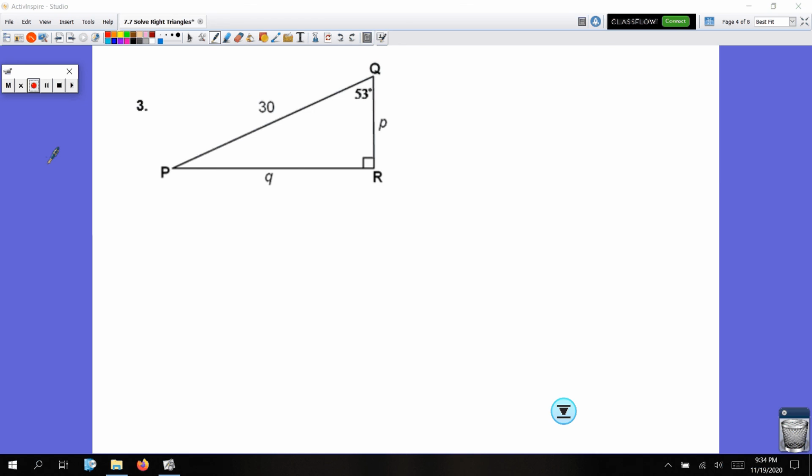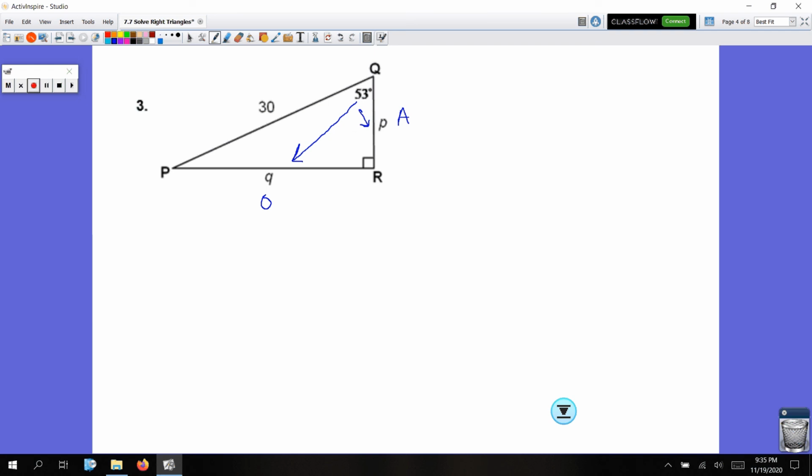All right, here we're missing the side opposite of the angle given and the side adjacent of it. So opposite, adjacent. I'm not going to use tangent because I need to know at least something here. What I know is the hypotenuse.